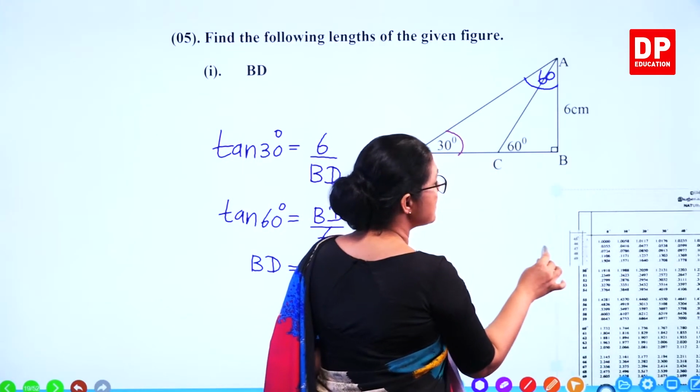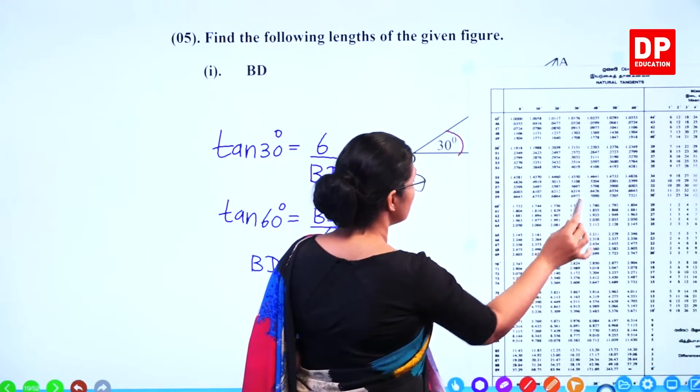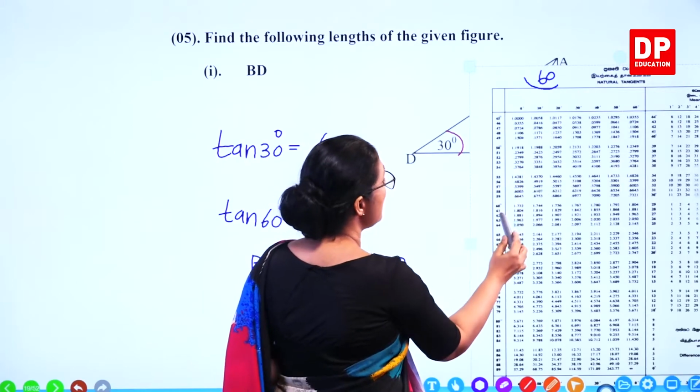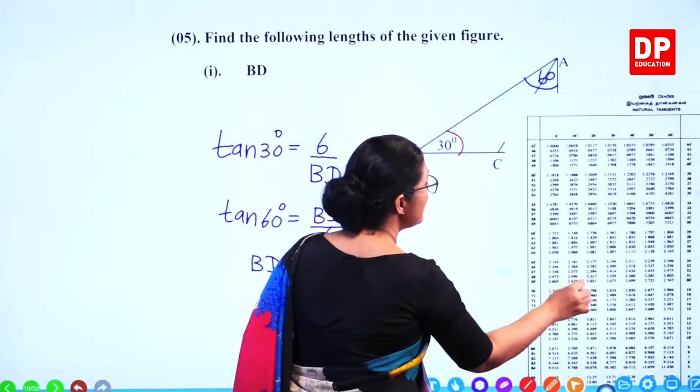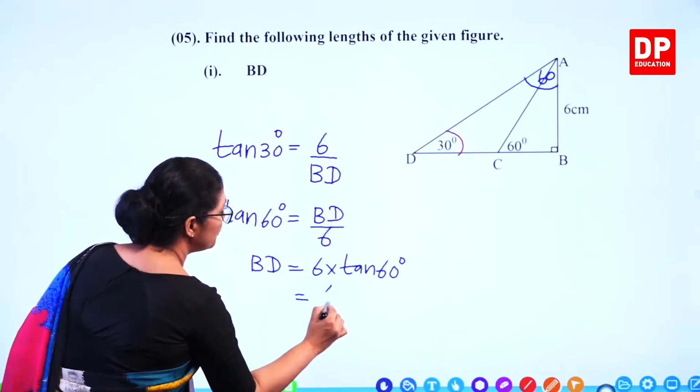This is the tangent table. Tan 60 is 1.732.